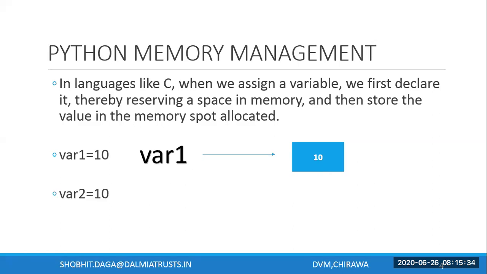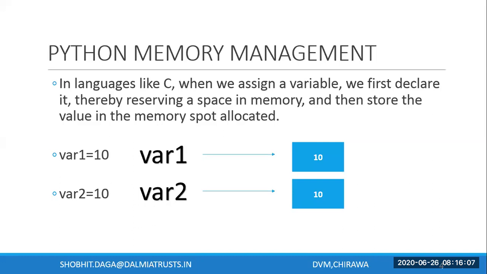Suppose you then declare another variable with the very same value. I have declared one more variable named var2 with the same value as 10. So what will happen in a language like C? In the programming language C, you will observe that var2 will be pointing to a new memory location.